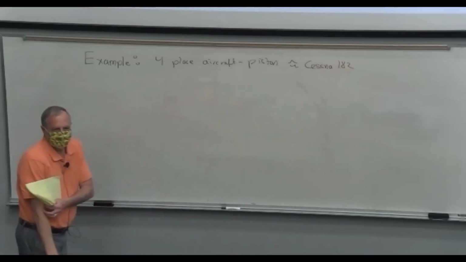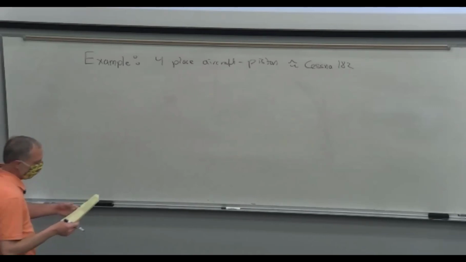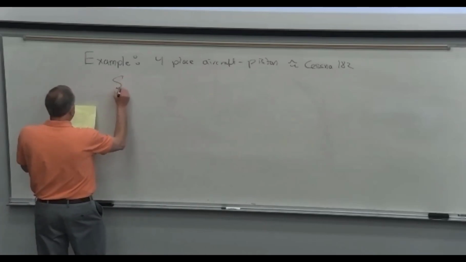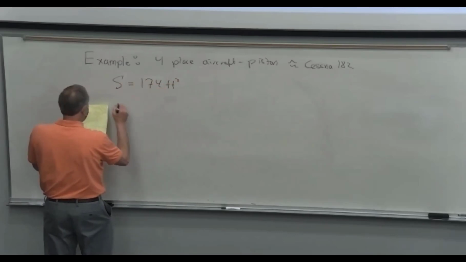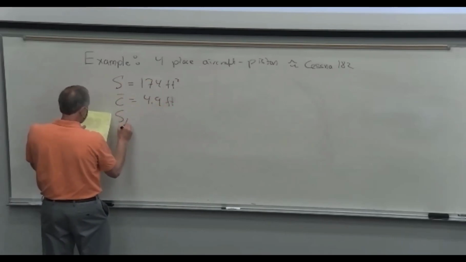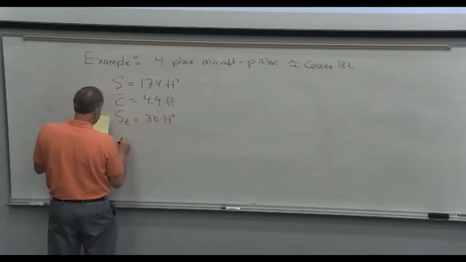I'm not saying it is a Cessna 182, because then you might get in one and do some calculations and crash and sue me because I said, hey, this is a Cessna. These are approximate numbers anyway. So the wing area is 174 square feet. The wing mean aerodynamic chord is 4.9 feet. The tail, 30 feet squared.